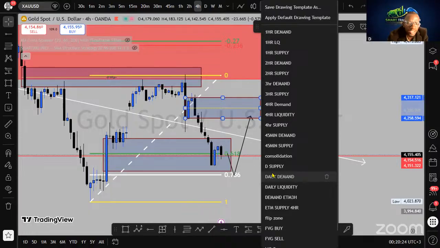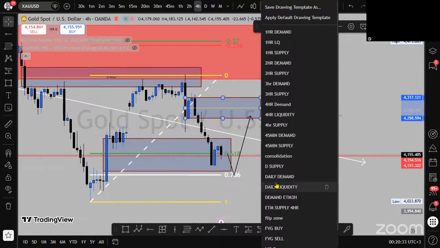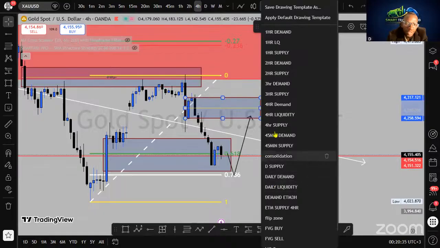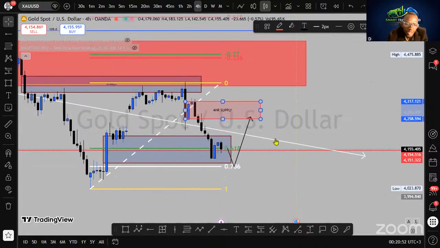That is a drop-base-drop, a DBD. Yes, this is a drop-base-drop. So that one becomes, we are on the 4 hour, 4 hour supply. And if you look carefully, in the 4 hour supply, we also have another fair value gap. This is why I'm still expecting price to come to this area.